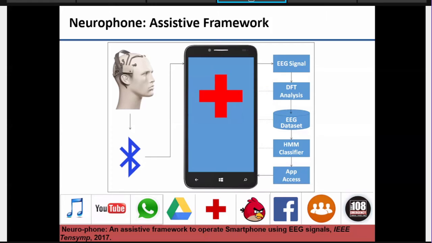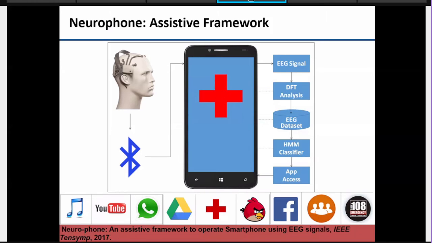The patient is looking at one of these 9 applications shown on the mobile screen with one picture, and the patient will just see this screen for some seconds.